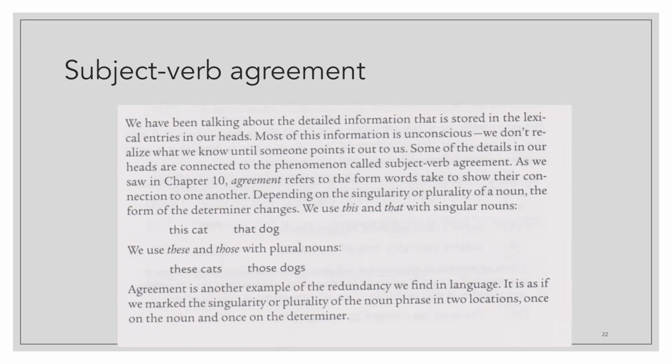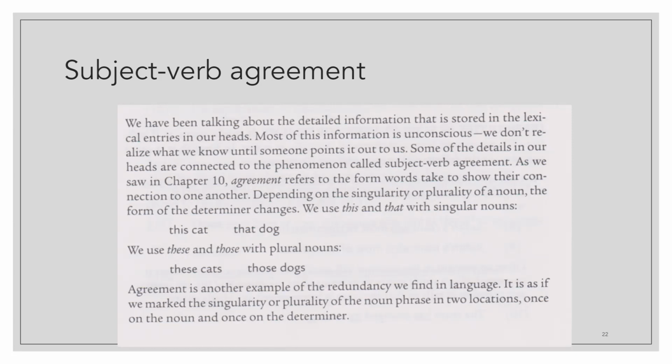Agreement in this instance is an example of redundancy. Again, we talked about redundancy way back in chapter 1. It's another way to mark singularity or plurality of the noun phrase. We can see that we're marking whether this noun phrase is singular or plural in 2 locations.